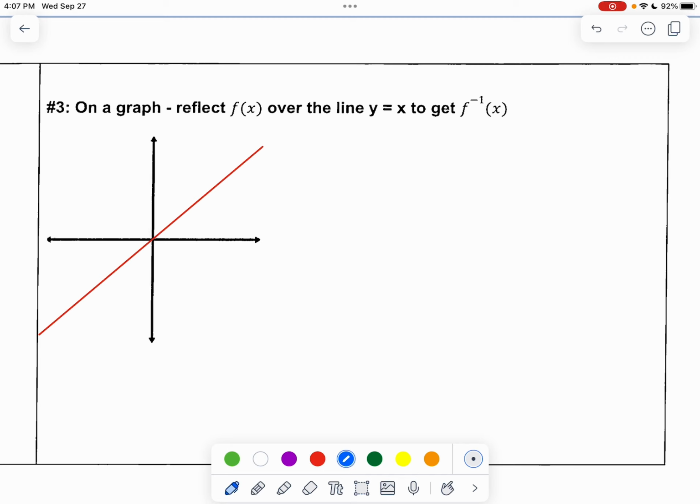For instance, if you're trying to find the inverse of a line, any line, you can reflect it over. But on this, you're just looking for functions that you can see kind of mimic folding over. Usually your x squareds, x cubeds, those are things that are going to work. So on a graph, you just need to verify that a function can be reflected over the diagonal line. So like this one is going to be a simple one to see.